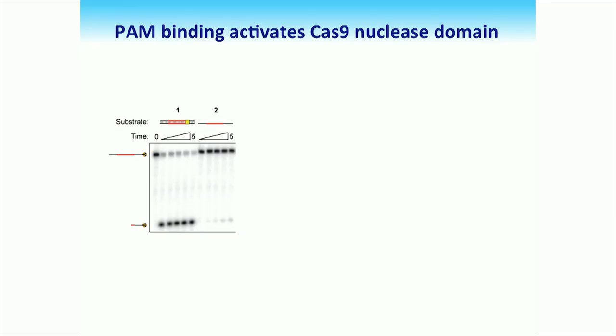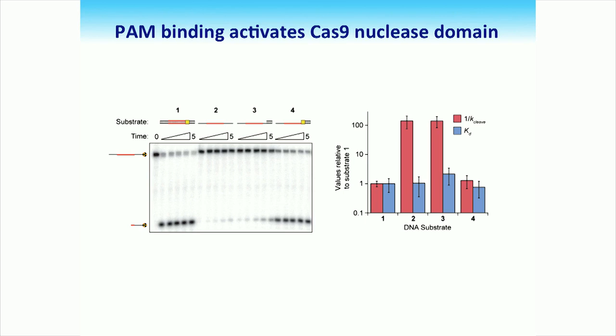And so the question was, why is that? What Sam did was start adding back parts of this top strand to understand what it was that would trigger this to be a good substrate. We initially thought maybe it was really the process of unwinding itself that was somehow coupled to DNA cleavage. It turns out that as soon as Sam added back a DNA oligo that included the PAM nucleotides, the GG on the upper DNA strand here, this single-stranded substrate now becomes a pretty robust substrate for cleavage.